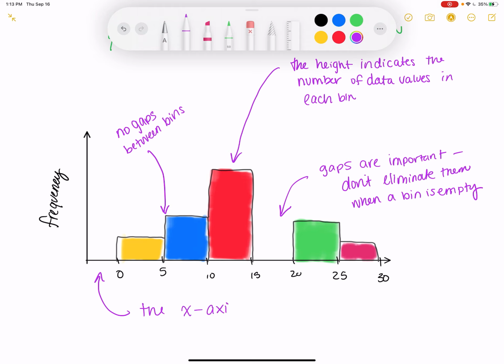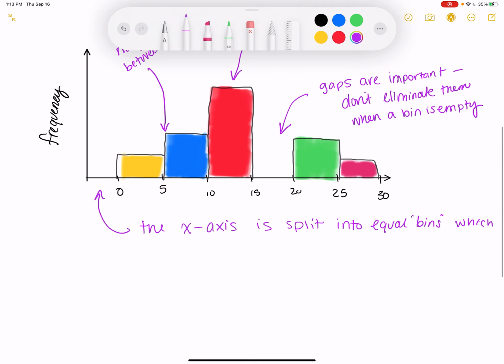X-axis is split into equal bins, which divide the numerical data into ranges.